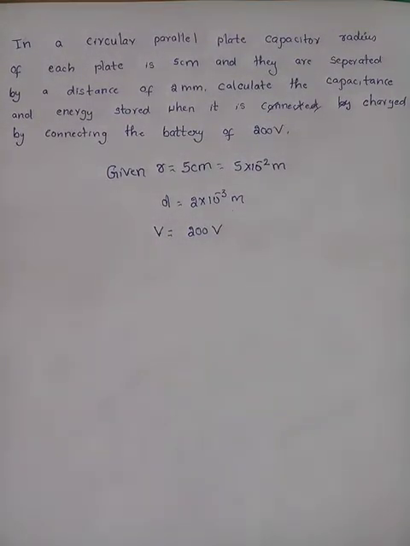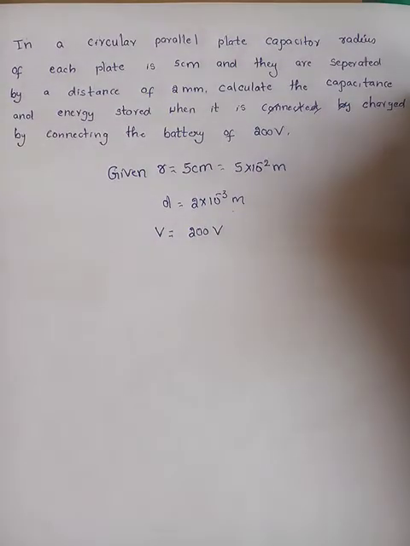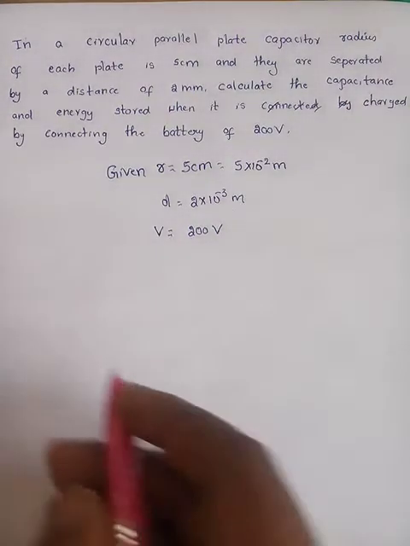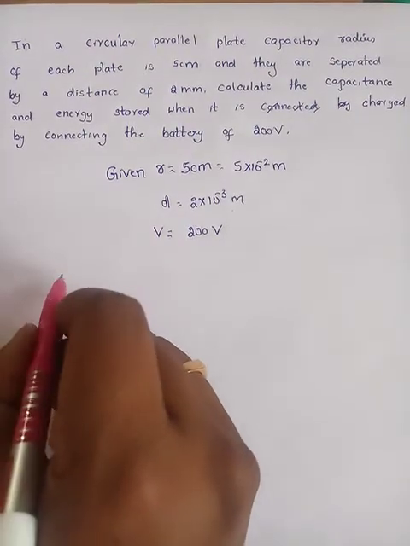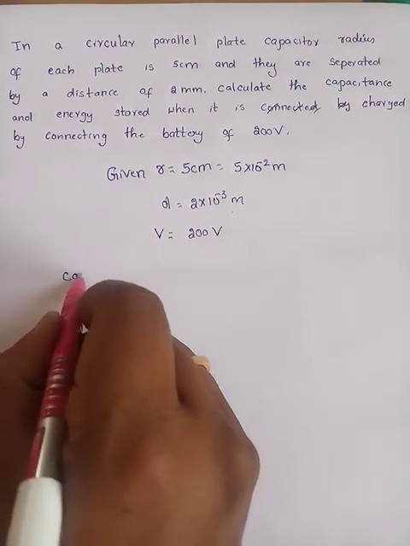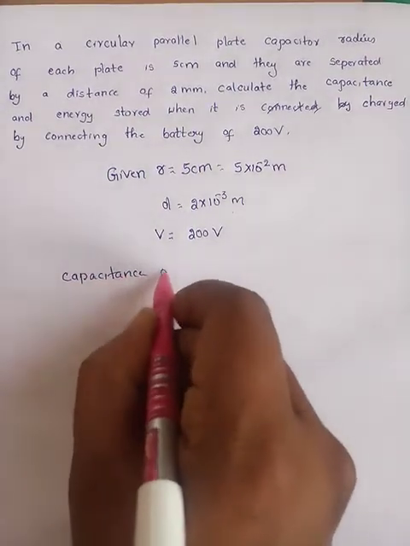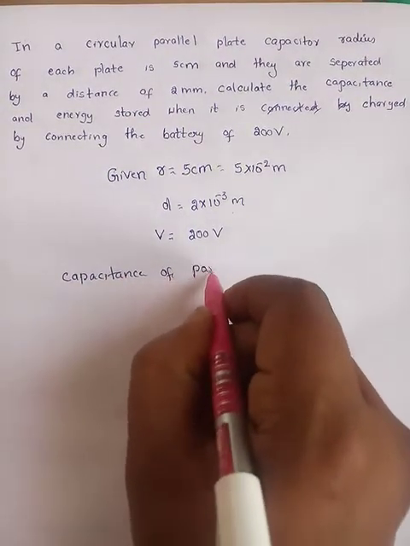So what is the question we have? We have to calculate the capacitance of the parallel plate capacitor as well as the energy stored in the capacitor. As we already discussed, what is the capacitance of a parallel plate capacitor?